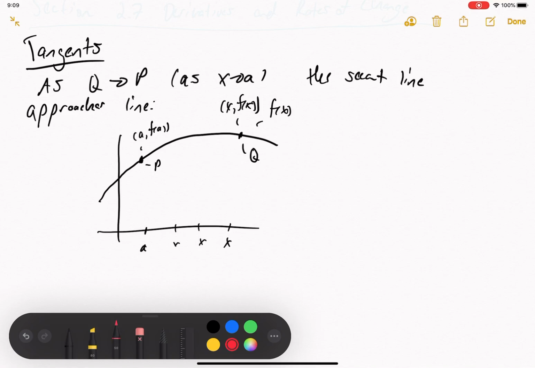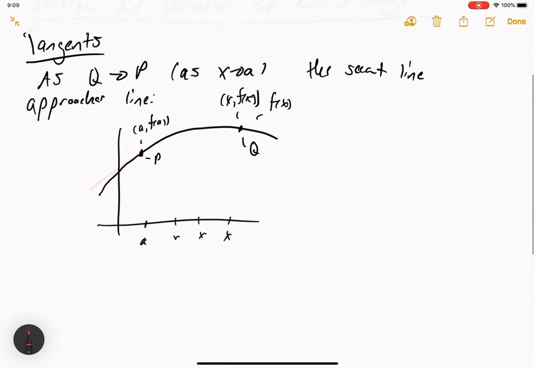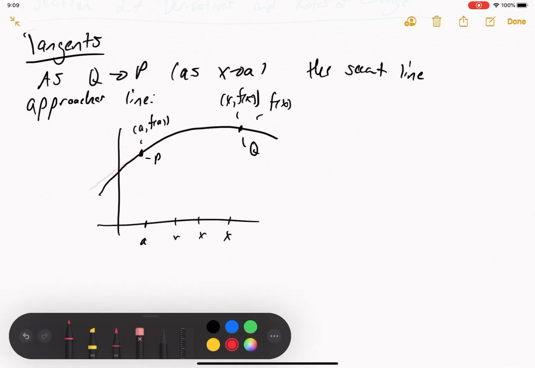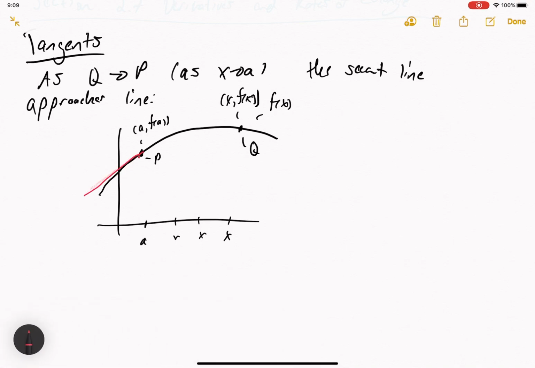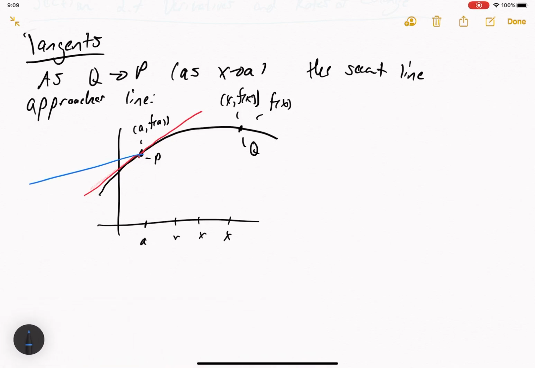Again, how does this correlate to the secant line or the tangent line? Remember that this would be the tangent line, the line that basically keeps what this function is doing at P. And then the secant line is just one that goes through P and Q. And remember, if we moved Q over to this new x value, call this point now Q, it's a bad drawing, but our secant line began to approach the tangent line.